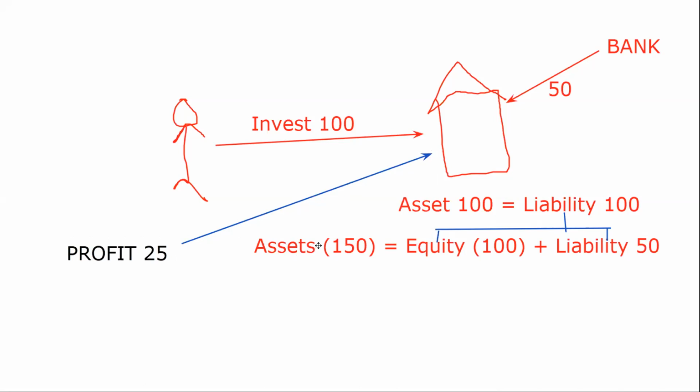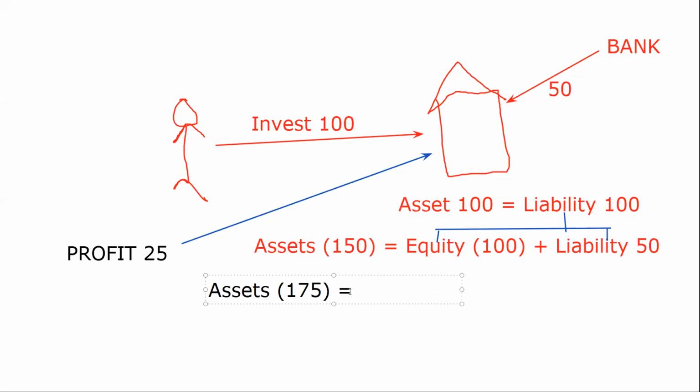Now we have cash: investment 100, bank 50, profit 25. Now the total assets in the business are 175. We assume that all other factors do not change, only to make the explanation simple.